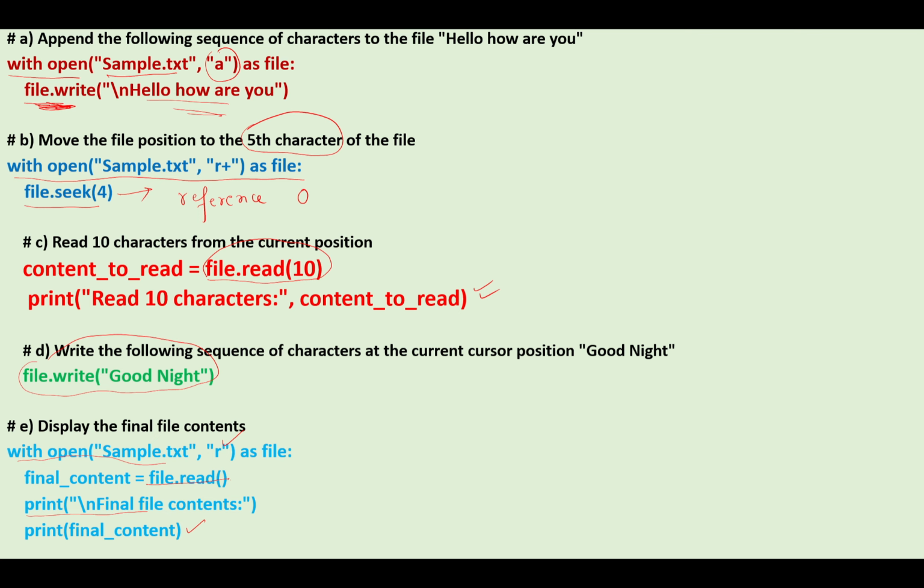I hope you understand this question, because here we understand many new things. What is file.seek, what is file.write, how to open a file in append mode, how to read 10 characters from the current position, and how to display the final file. So these things we learned in this program.